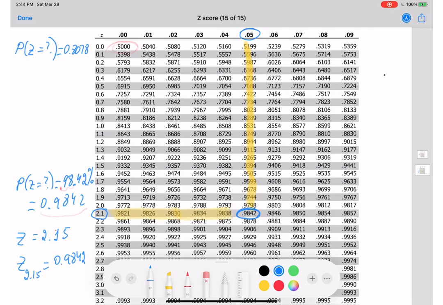Okay. So, if we look, where is it? 0.8078. It's right here.